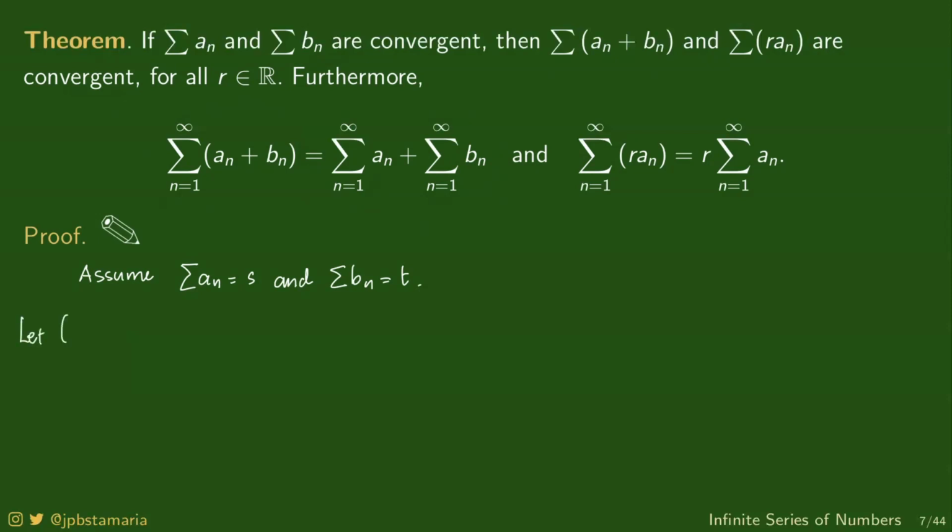Ang makakapagsabi kasi kung nagko-converge or nagda-diverge yan ay ano, di ba, yung sequence of partial sums. So, pangalanan natin yung sequence of partial sums.